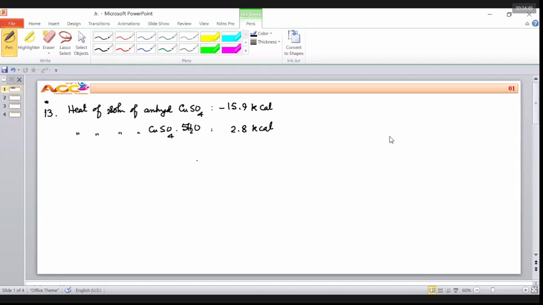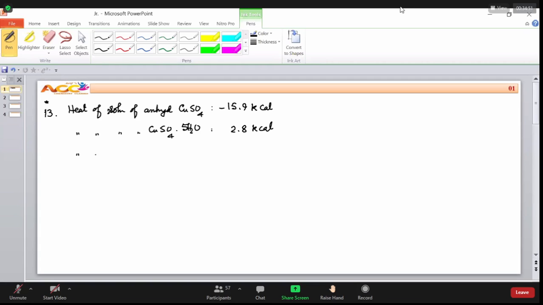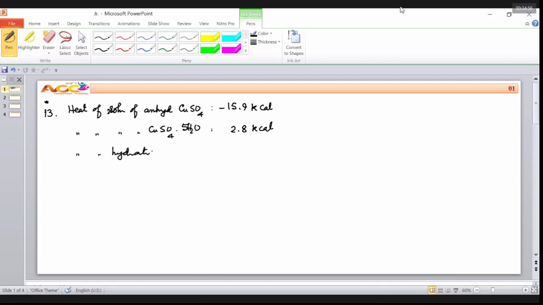Calculate the heat of hydration of copper sulfate.